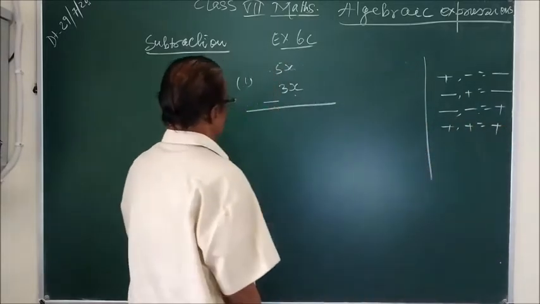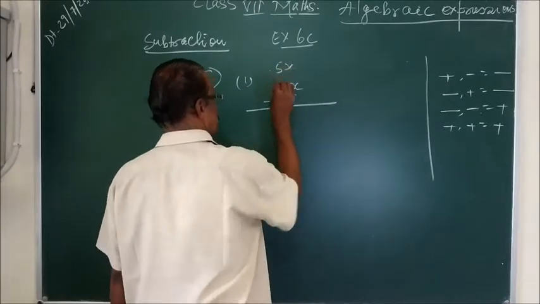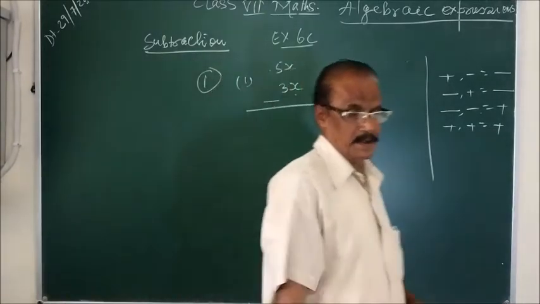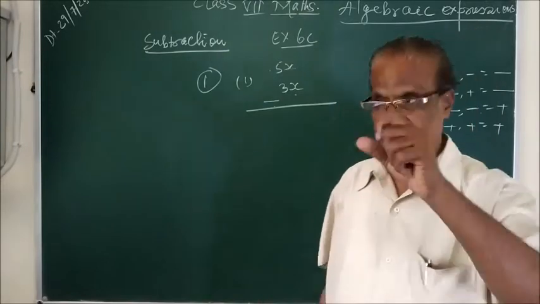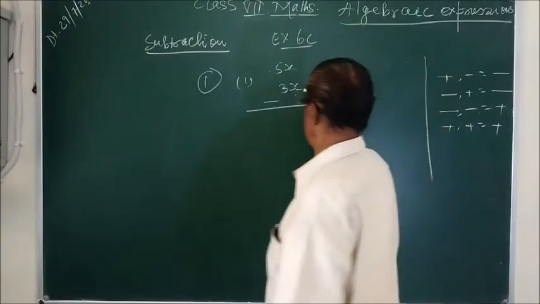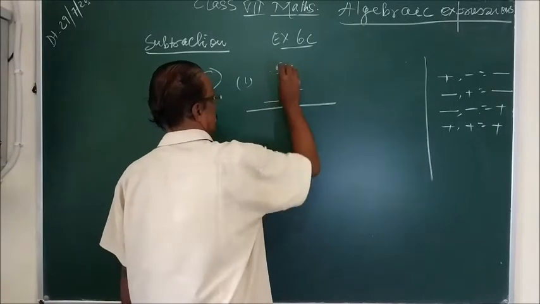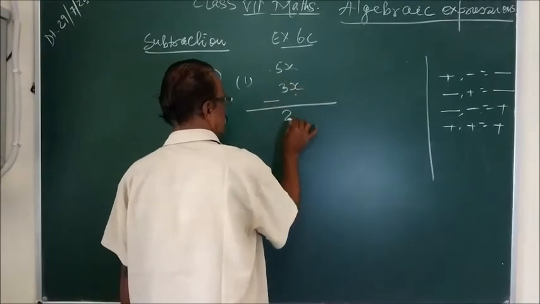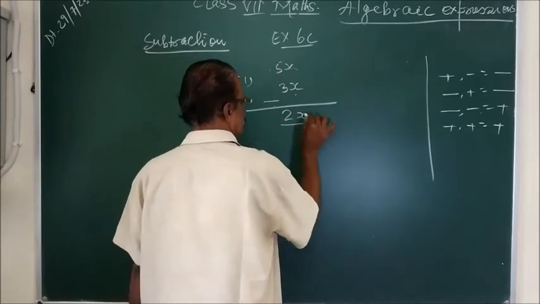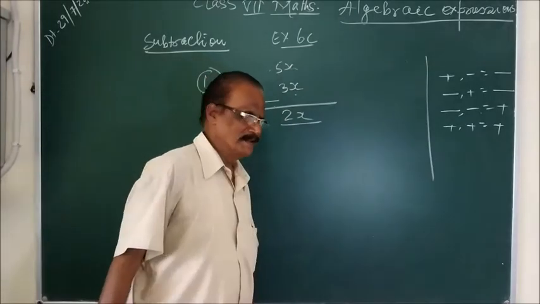So plus minus minus, यानी coefficient को हम subtract करते हैं. Variable as it is, whatever in the question. We write simply 5 minus 3, 2x. This is the column method.